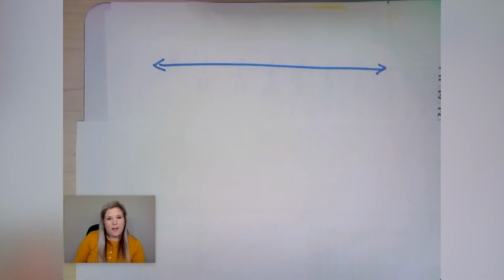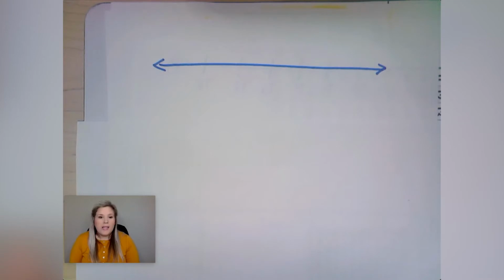What makes it open? Right. The number line is called open because there are no numbers on the line yet.